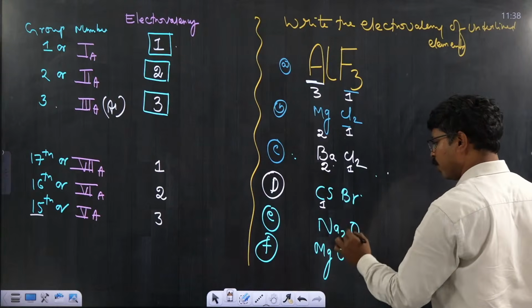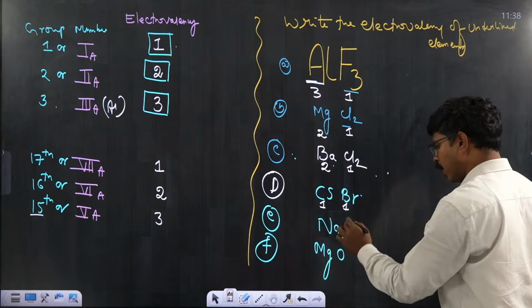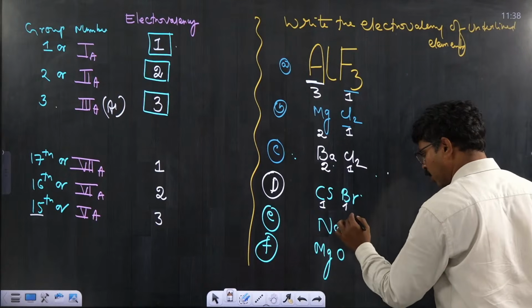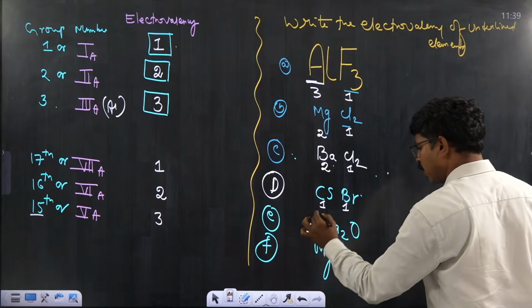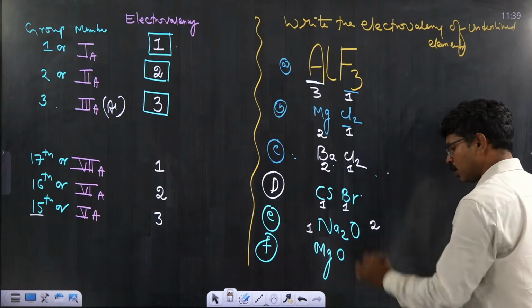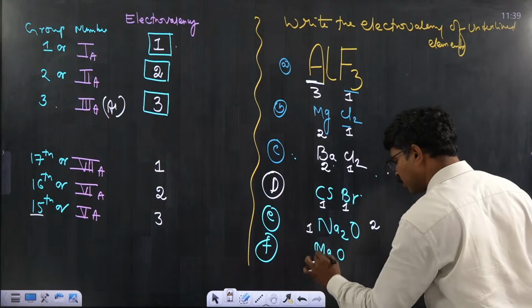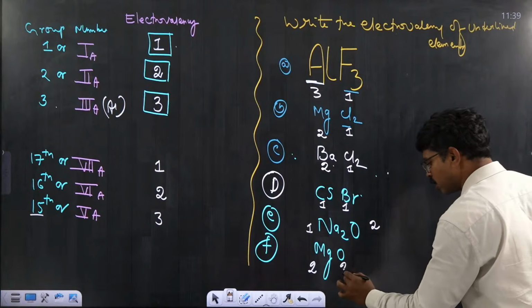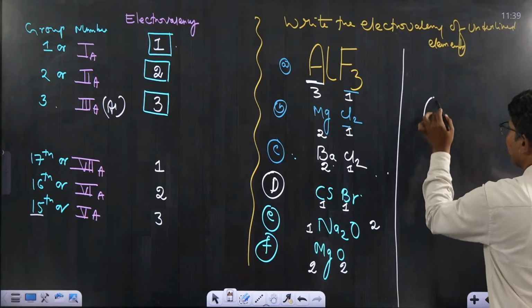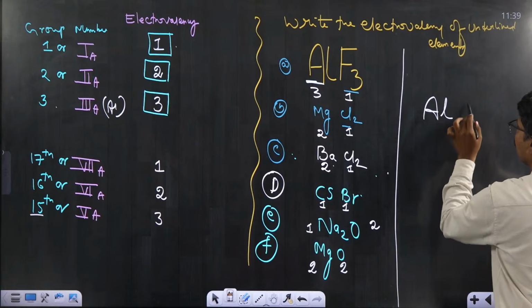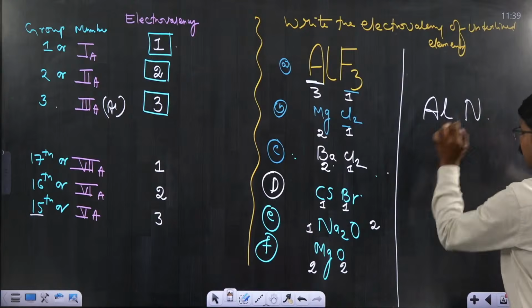It is 1, it is first group, and bromine is 17th group, which requires only 1 electron to achieve octet. Sodium electrovalency is 1 and oxygen electrovalency is 2. Magnesium electrovalency is 2 and for oxygen it is 2. Then can anyone tell me the electrovalency of aluminum and nitrogen?